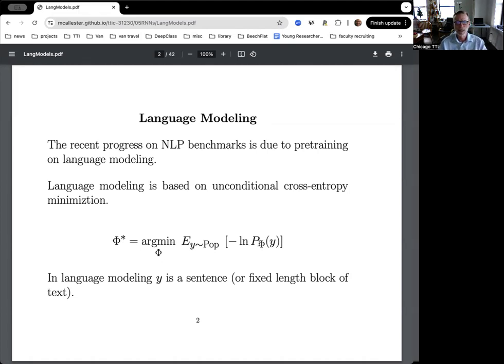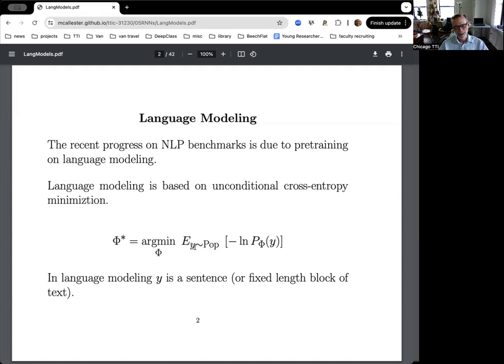Really, this is going to be a next word loss that we're interested in, so it's going to be independent of the length of the text. But intuitively, we're saying I'm going to take the average over a block of text. Let's say we fix the block length to be 1,000 words or 1,000 tokens. We'll talk about that in a minute.